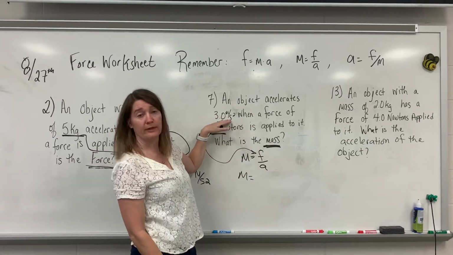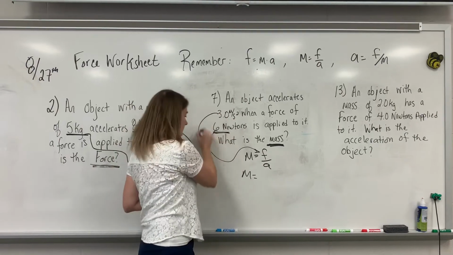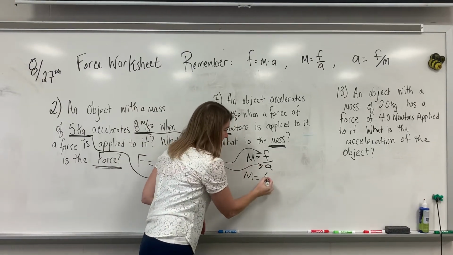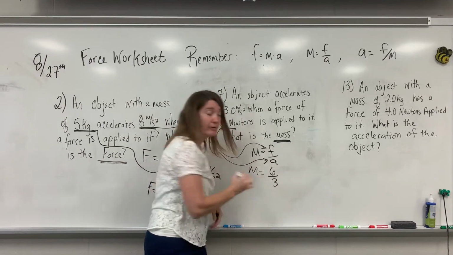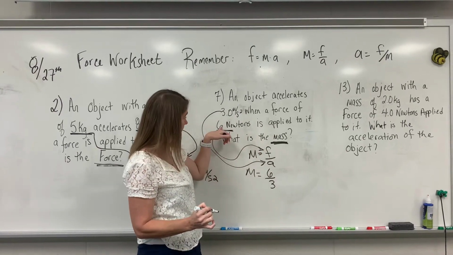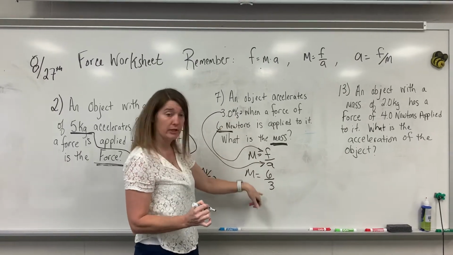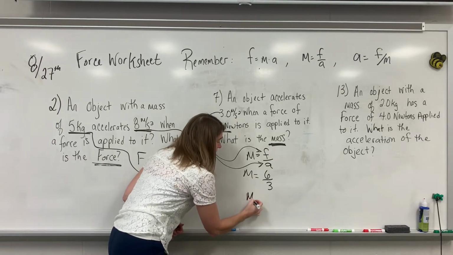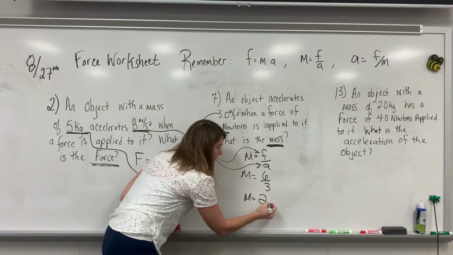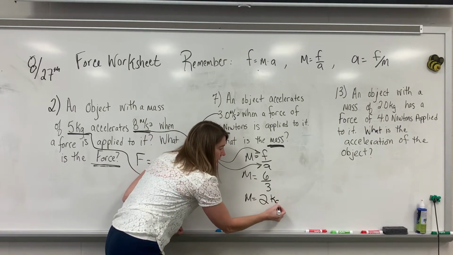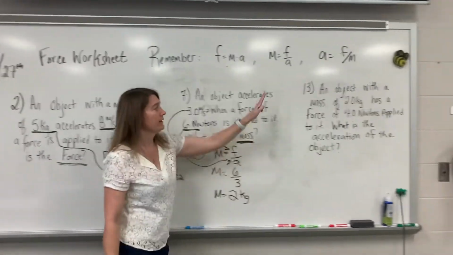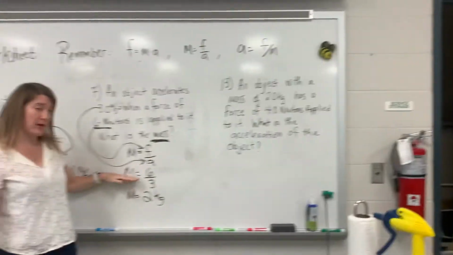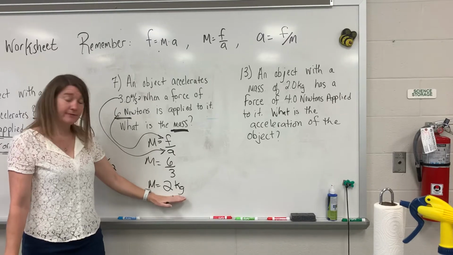And then you also find the acceleration. That's 3, so it's 6 divided by 3. Force divided by acceleration gives you 2. And that's in kg, kilograms. Okay? Every time you find mass, you divide.